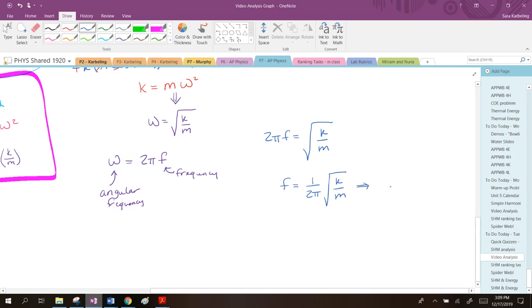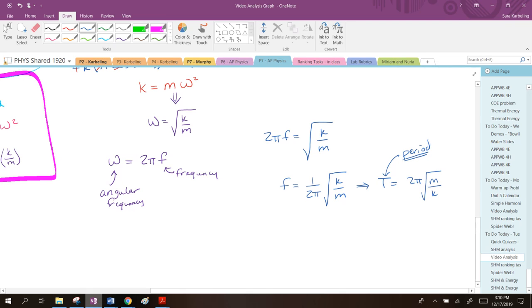What does period equal? 2 pi times the square root of m over k.